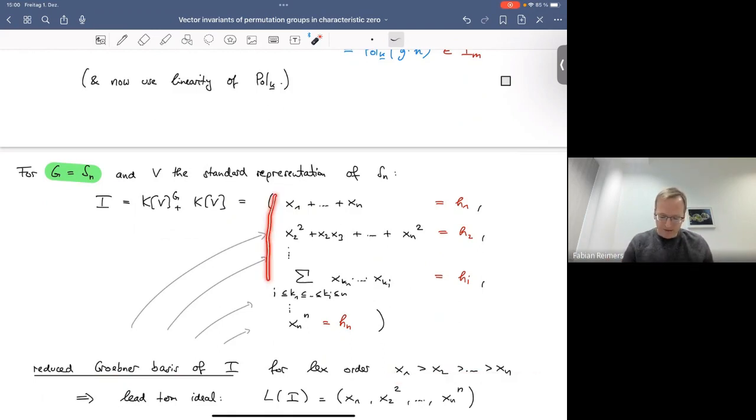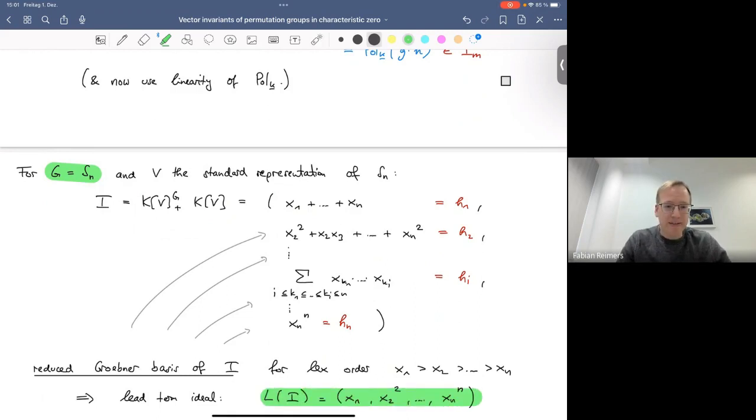So this here now is a basis for the Hilbert ideal for the group S_n and the standard representation. So the lead term ideal of the Hilbert ideal for S_n is particularly easy, just has x1 coming from here, x2 squared coming from here, and so on.